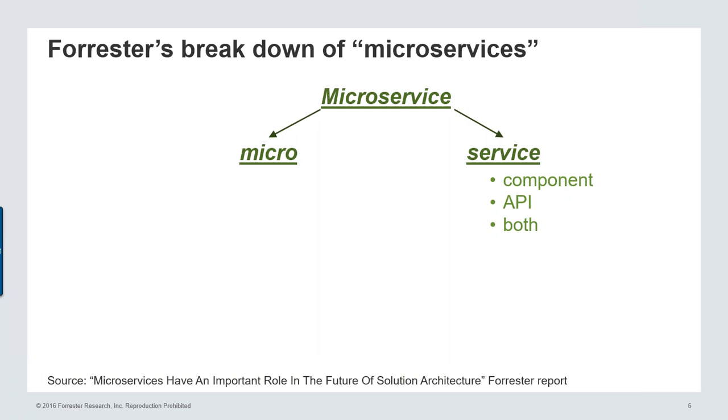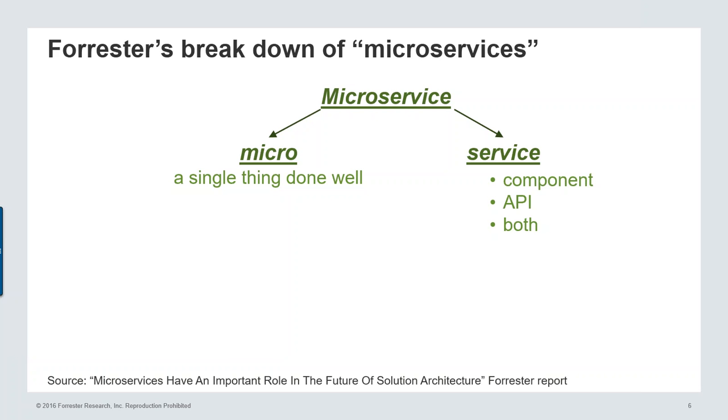The micro side, though, is the most misleading part, because it makes people think it means small. Doesn't necessarily mean small. We'll get to that. But to help you understand it, the phrase that's most commonly used is a microservice does one single thing well. Okay, great.